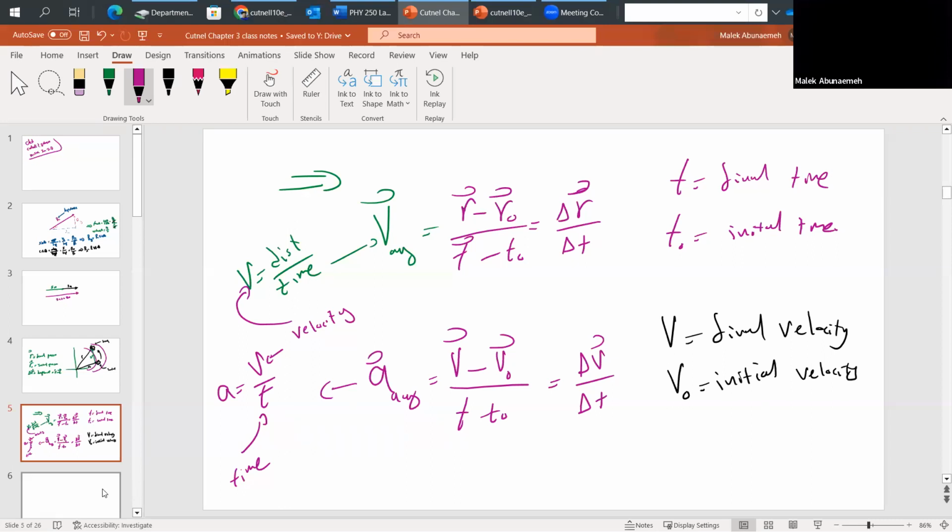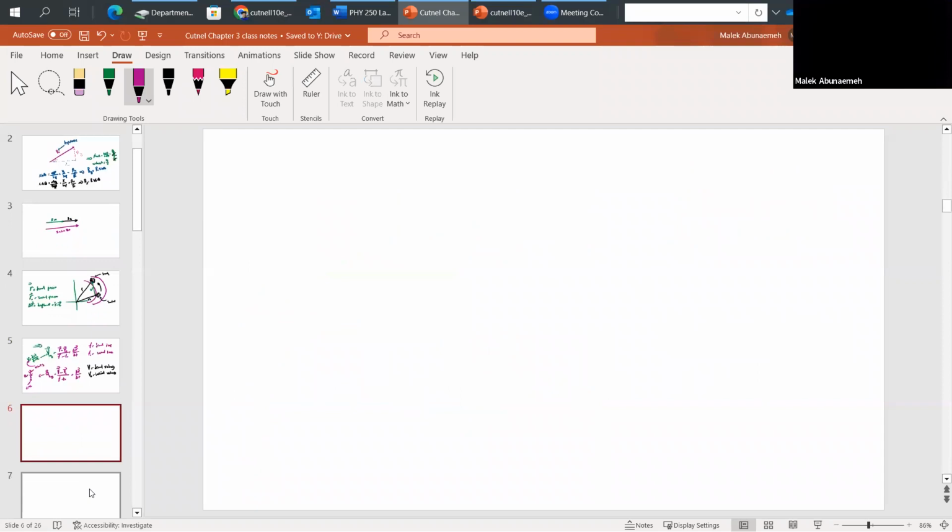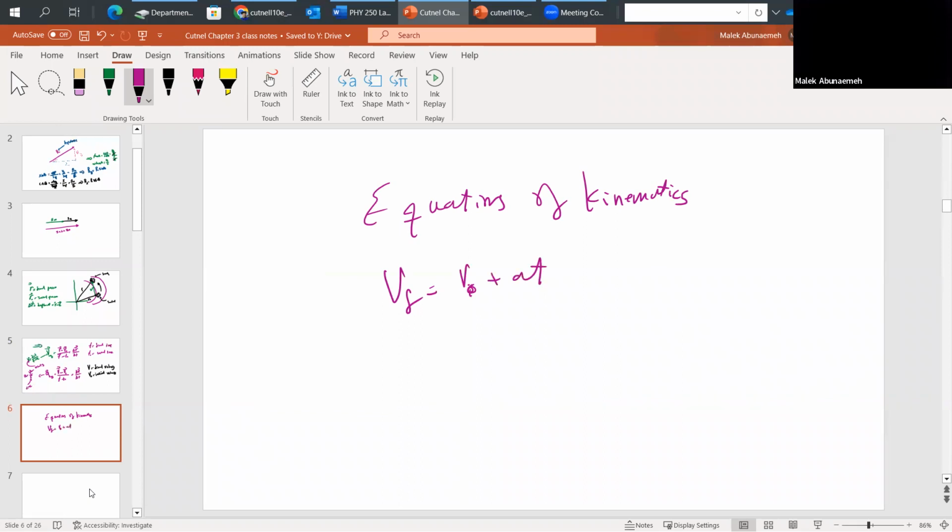We also, in the last video, defined the equations of kinematics, where we had your final velocity equals your initial velocity plus A t.